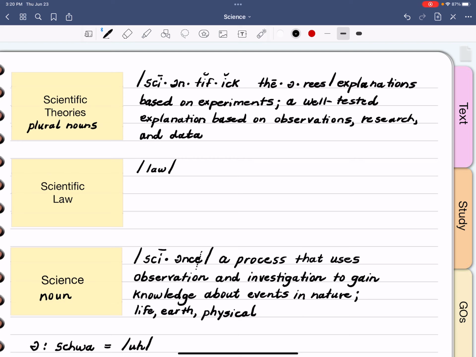Scientific law is a rule of nature, like the law of gravity, that sums up, summarizes the related observations to describe a pattern in nature.